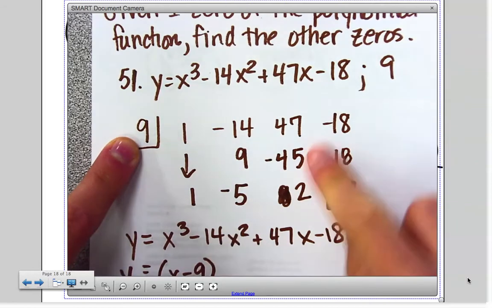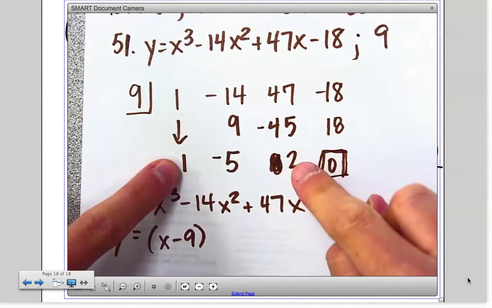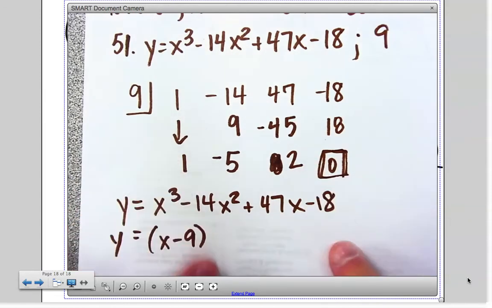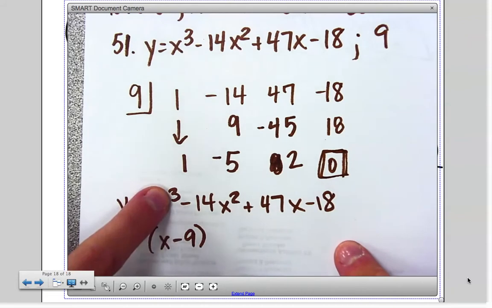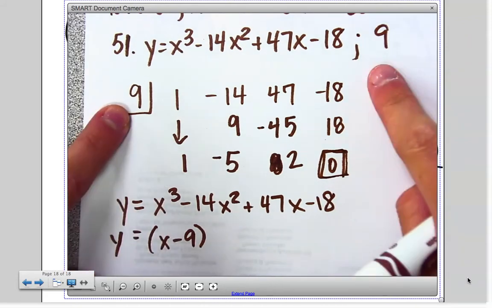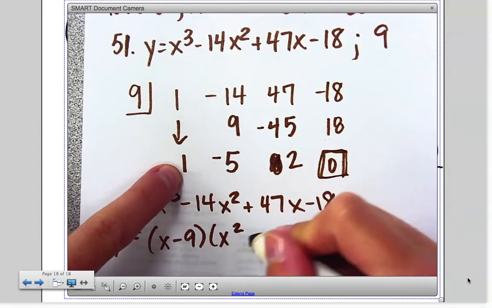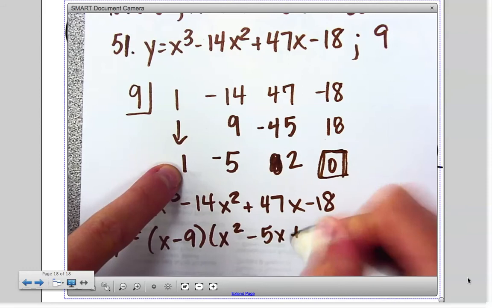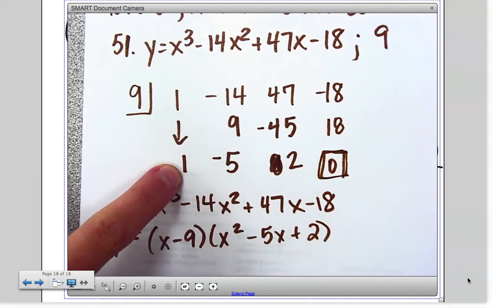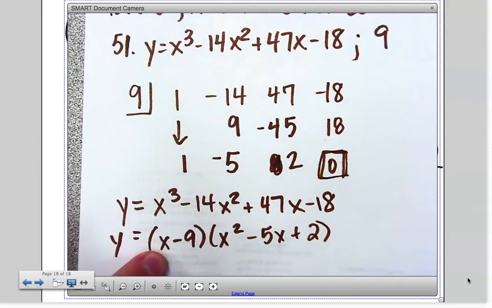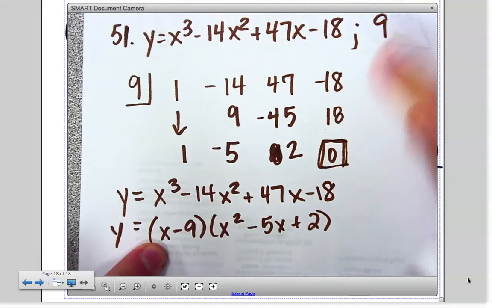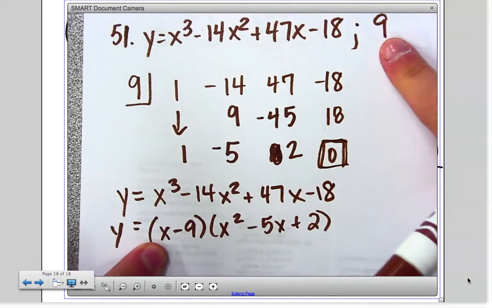Since I did this process, I can use these numbers to give me another quadratic down here. Once again, remember, if this is a 3 and I just took one number out of it, I'm going to drop this and start with an x squared minus 5x plus 2. So I just rewrote it. I was able to do that with the fact that that was an x-intercept.